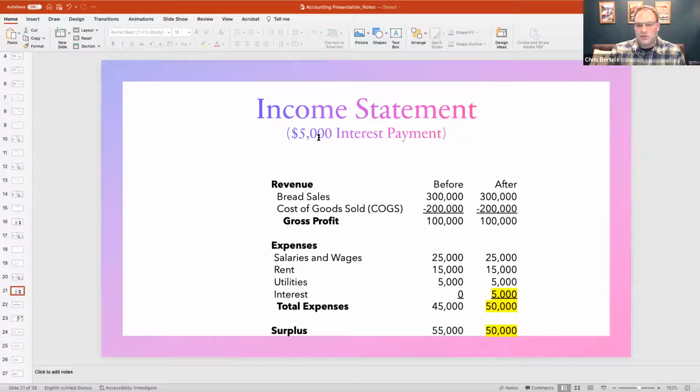The $5,000 interest payment is recorded as an expense. And if you remember before, it was 55,000, and now it's 50,000 because of the fact that 5,000 was paid for interest.